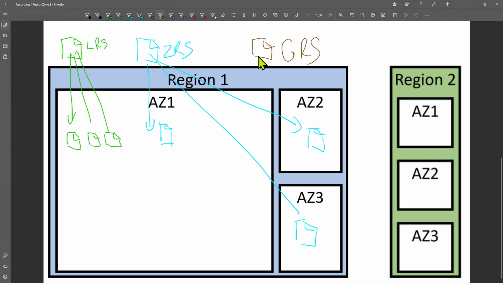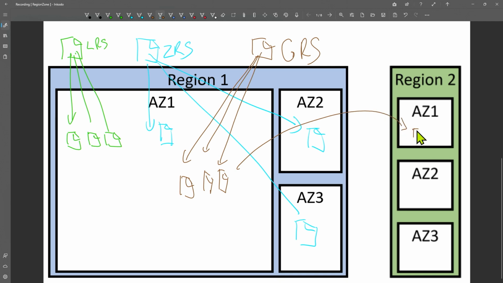What this does, much like LRS, is write 3 copies into the same data center, and they're synchronously written. And then what it does is copy one file of that version of that file to another data center in another region, in this case, the region pair. In my example, we talked about US East.